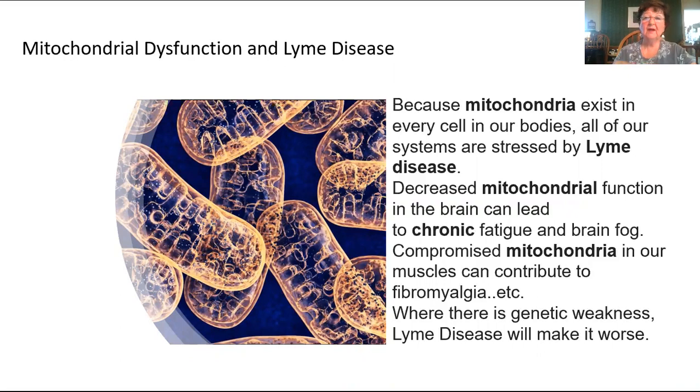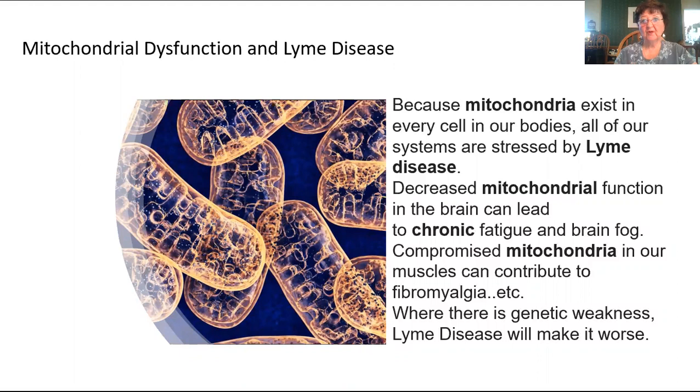So you can see that when there is a problem with the mitochondria, the way the mitochondria is developing and how it expresses can determine where the person has weakness.